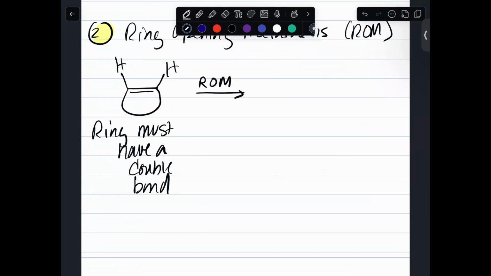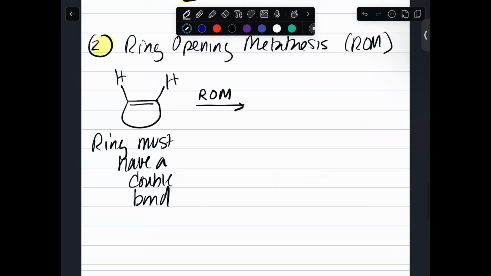When you ring open a ring, you also need to provide an alkene or pi system or alkyne. So you can only open a ring if you've got a ring and another pi system.